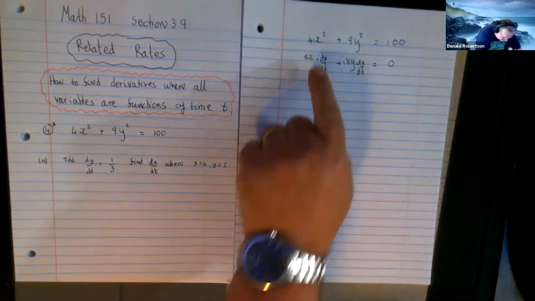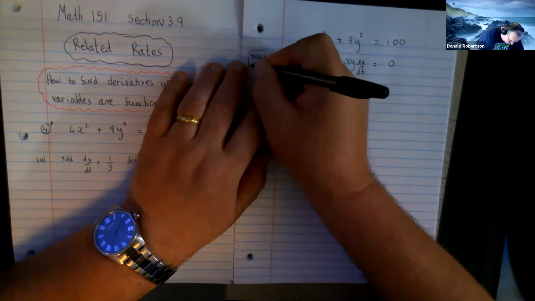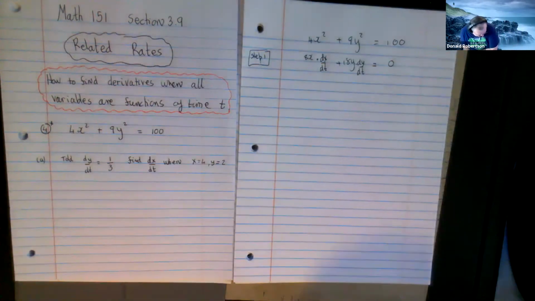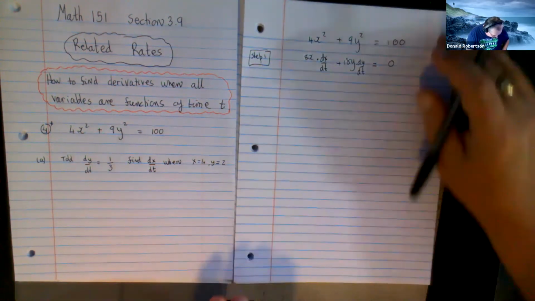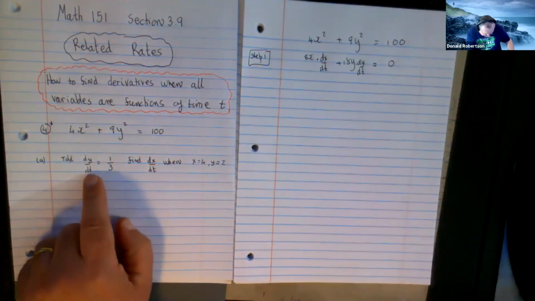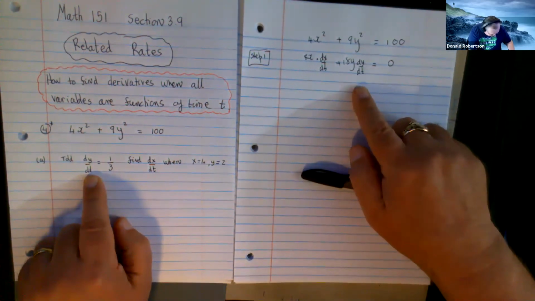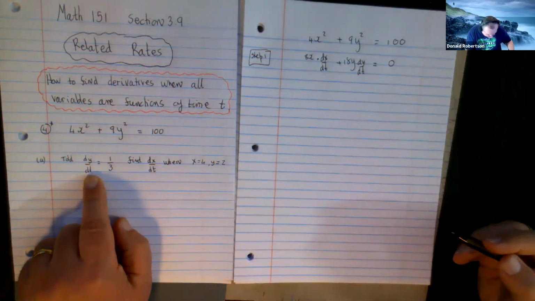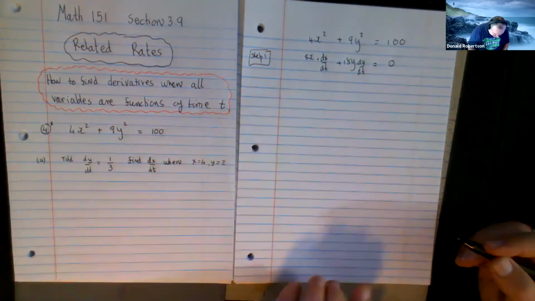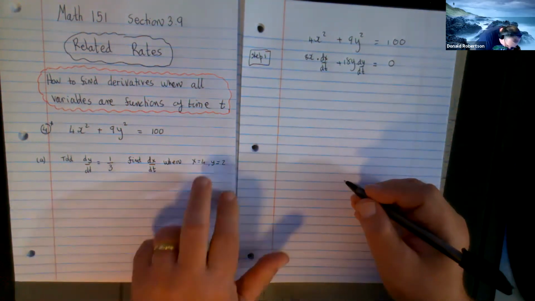So your first step in this process is to differentiate with respect to t. Now I can go the next stage 2 ways. I could simply rearrange this equation to tell you what dx by dt is, and that will work. Or I could just plug in everything I know and find out what dx by dt is by solving a very simple equation. So I'm going to try it that way.